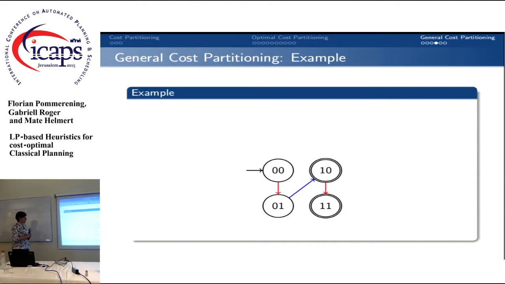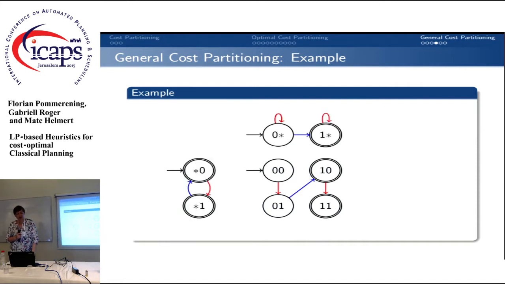So here is an example, a very, very small state space with a red action and a blue action. And we have two abstractions for it, projections on the second and on the first variables, and assume that the red and blue action both cost 1. And since in this projection all states are goal states, we can't really get a heuristic estimate out of that because we always get heuristic estimate 0.